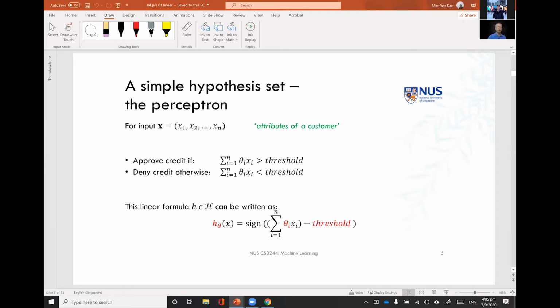So we have x1 through xn, and associated with each of these, a weight, theta 1 through theta n.